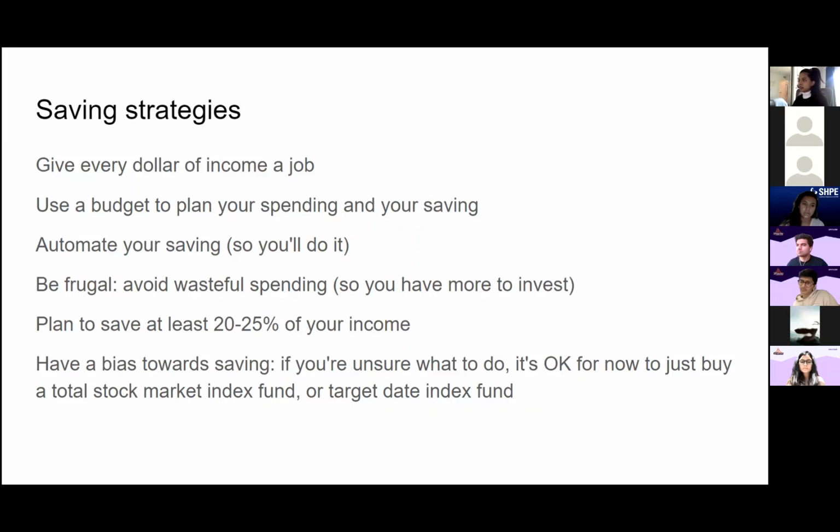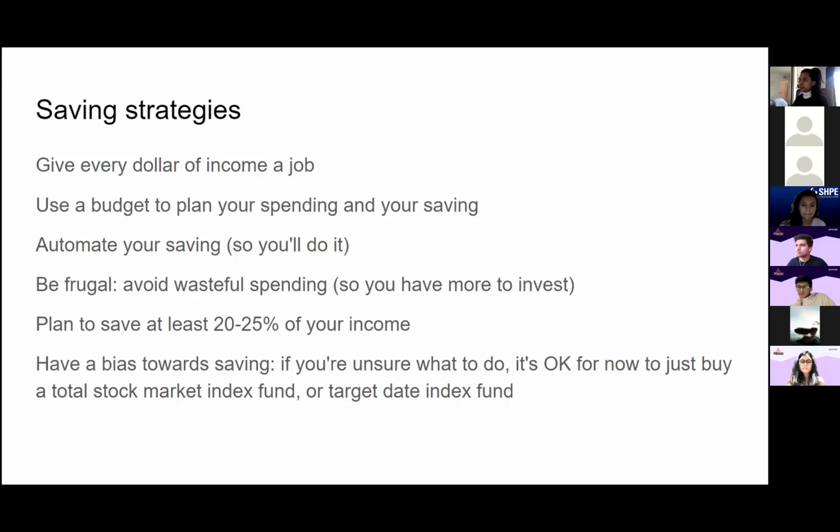a shocking idea for me is just give every dollar of income a job. It should never be the case that you just get some money and throw it in an account. You should always have some sort of task. Every dollar of income is kind of assigned to some savings goal. And that's what a budget is. You need a budget in order to plan how you're going to allocate your income, plan your spending.